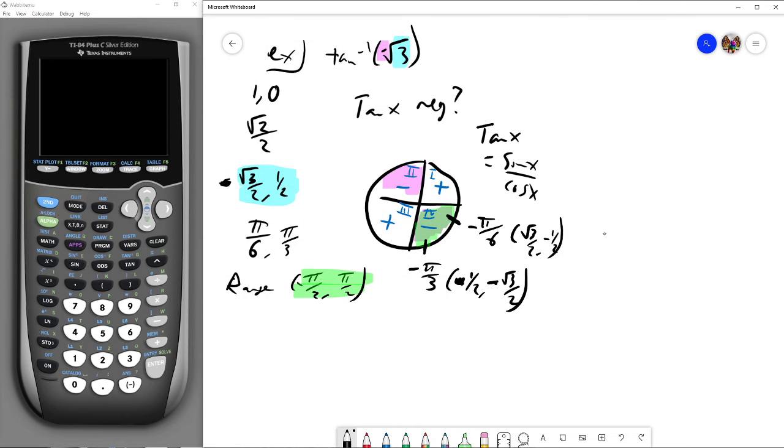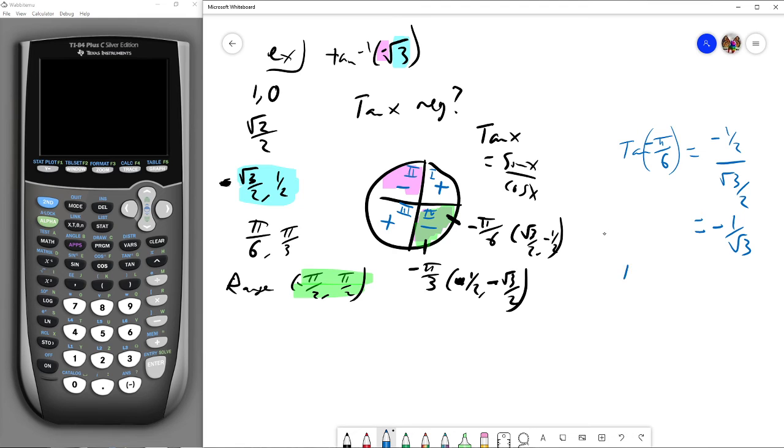Alright, so we know tangent is equal to sine over cosine. If you didn't know any better, you can always just try something, right? So if we think tangent of negative pi over 6, well, this has to equal sine, negative a half, over root 3 over 2. So that's going to equal negative 1 over root 3. That's not what we want.